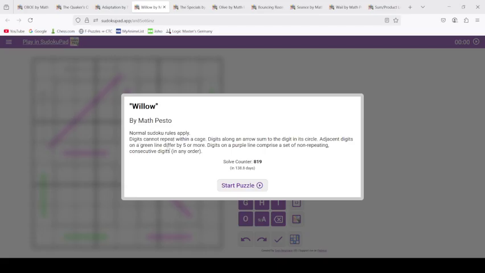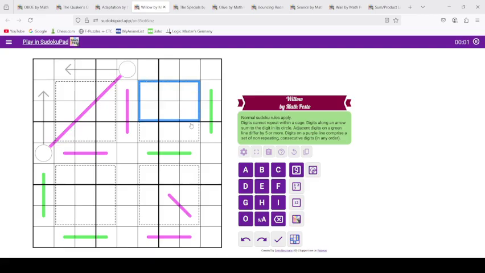Normal Sudoku rules apply. Digits cannot repeat within a cage. Digits along an arrow sum to the digit in the circle. Adjacent digits on a green line differ by 5 or more. Digits on a purple line comprise a set of non-repeating consecutive digits in any order. So just normal rules for Windoku, Renbans, arrows, and German whispers.